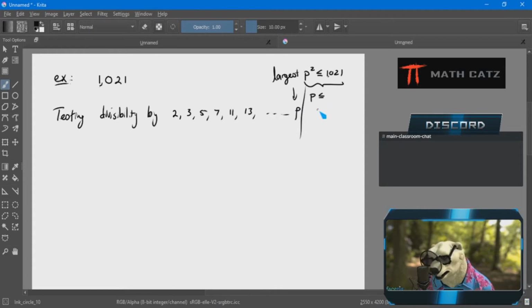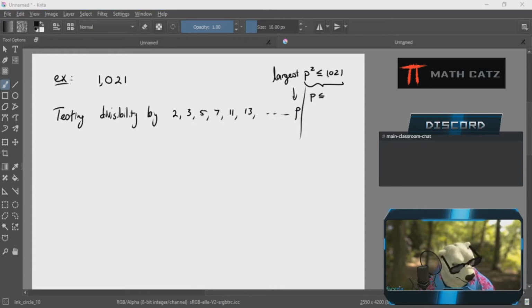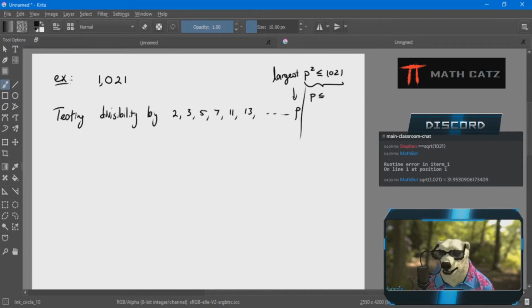So let's see, what is the square root of 1,021? Whoops, accidental W. All right, so MathBot says square root of 1,021 is 31 and a bit. So this is going to be 31 or below.